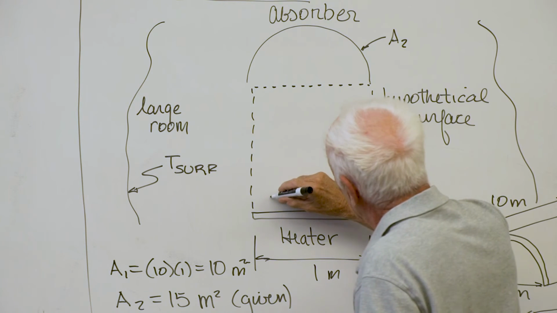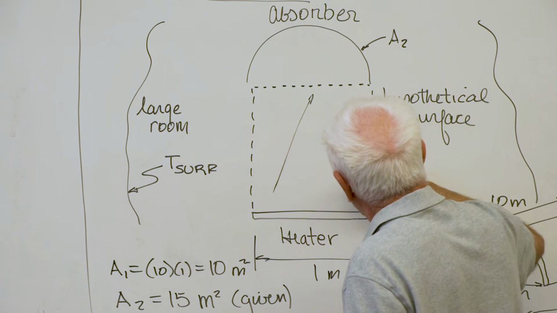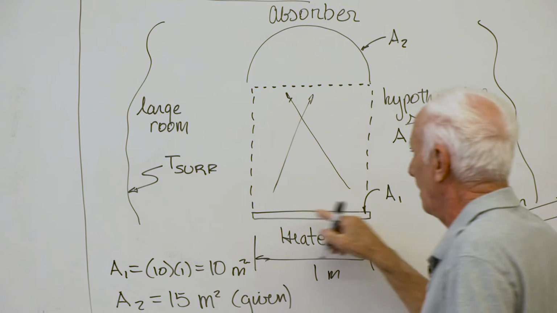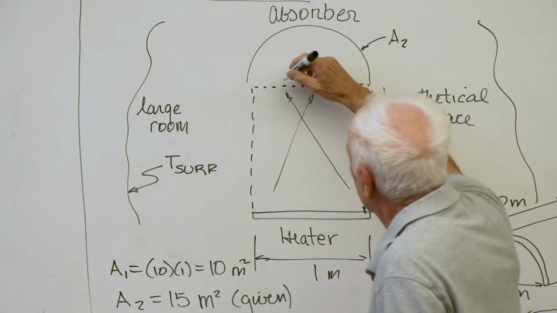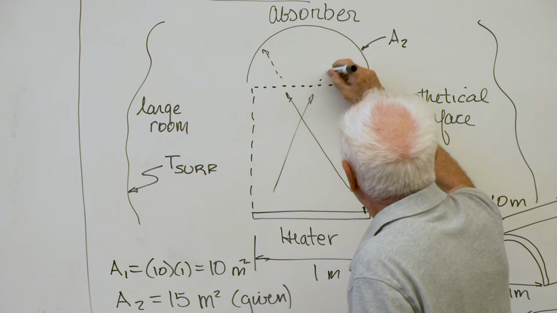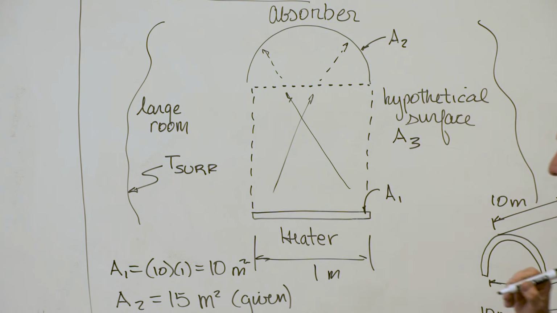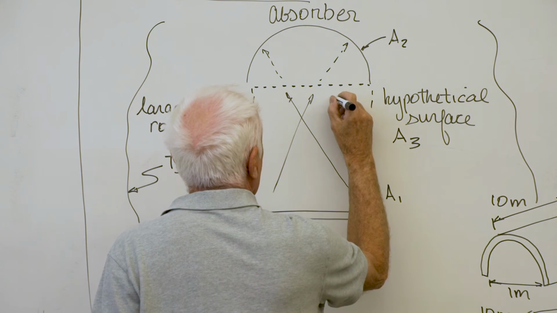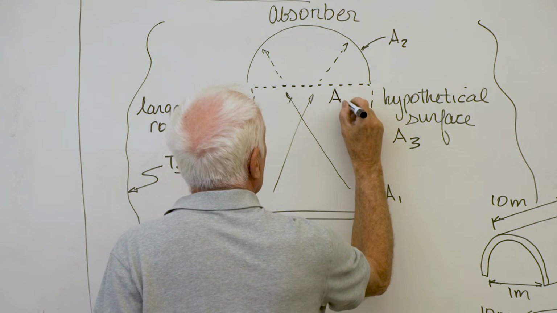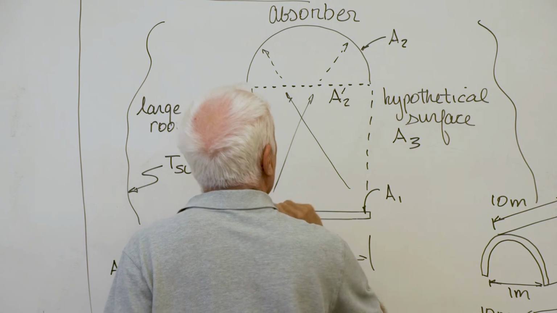And all the radiation that goes through that dashed line from surface A1 ends up doing what? Striking A2. So I'm going to call this surface right here, it's a hypothetical surface, I'm going to call it A2 prime.